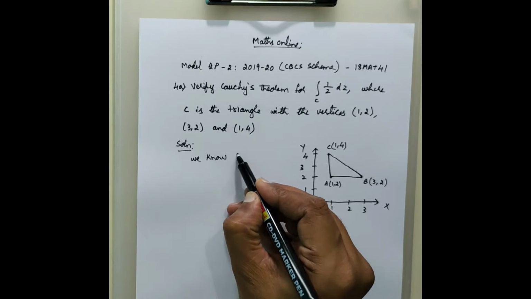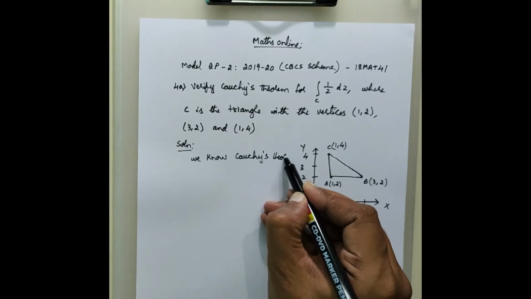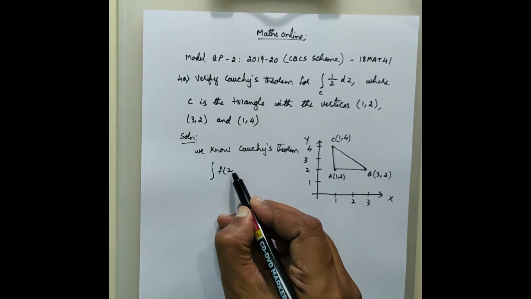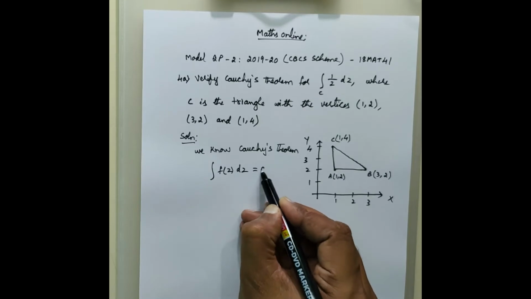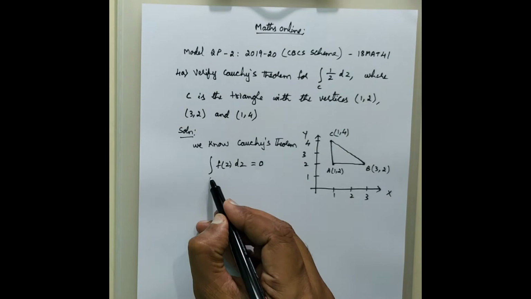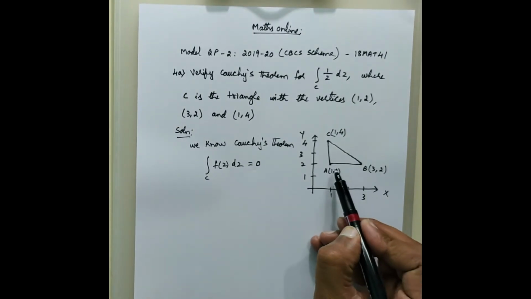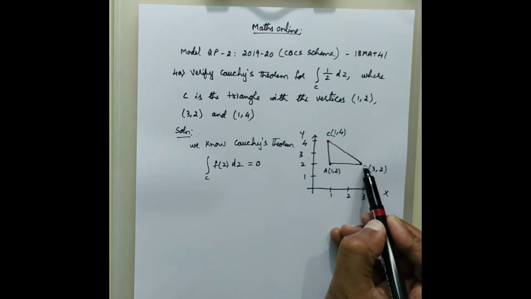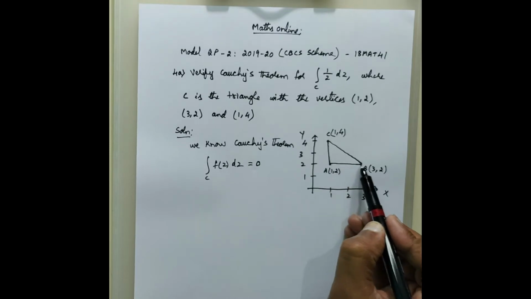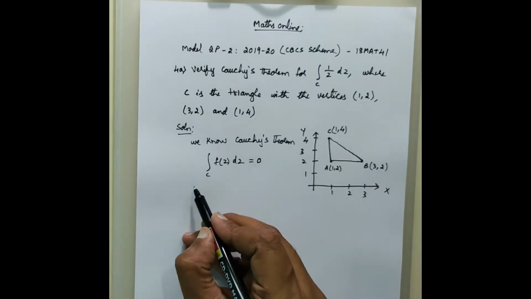So we know from Cauchy's theorem, the value of the integral of f of z dz is equal to 0 over the curve C. We need to show that, going around A, B, C and A, the sum of the integrals along these lines should be 0.